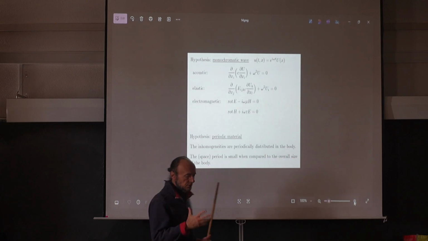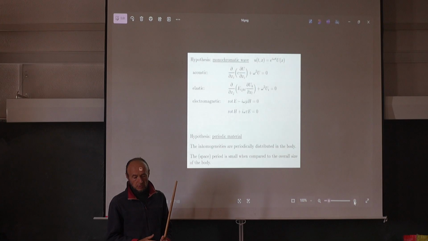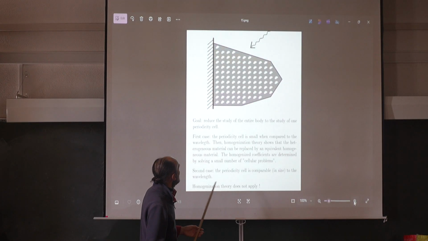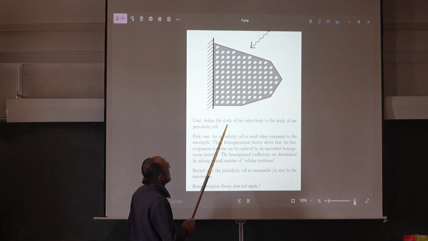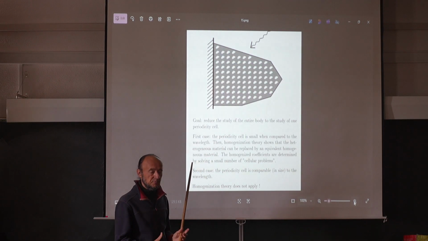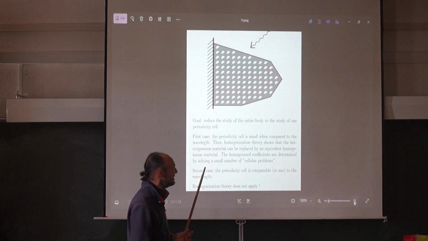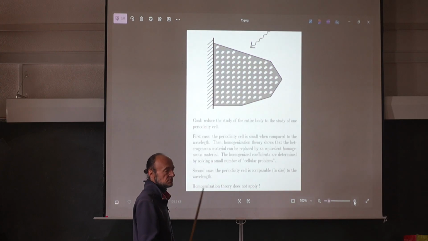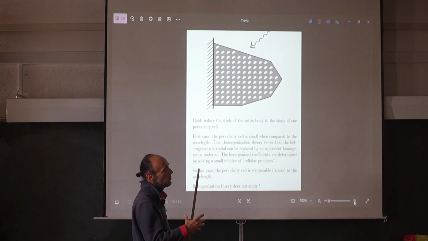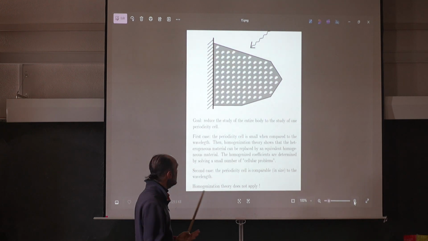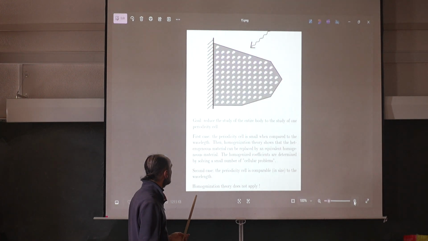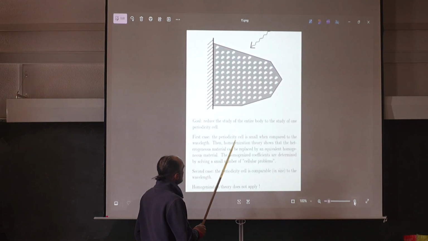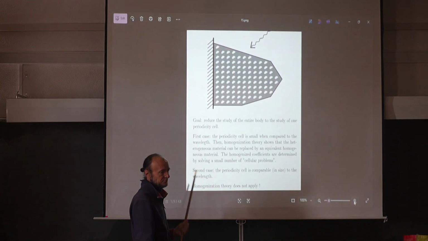And now, when you do the analysis, you are led to two different cases. You want to describe how the wave propagates in the limit. In the limit means when the inhomogeneities go to zero, they become so small that you cannot distinguish them. And you want to give an average description of how the wave propagates. And you are led to two cases. The periodicity cell can be small when compared to the wavelength.